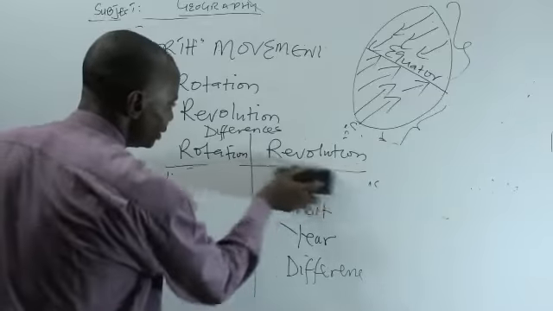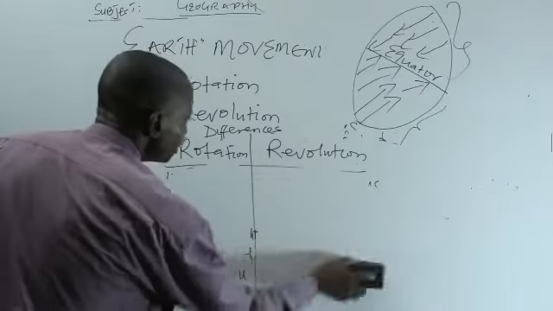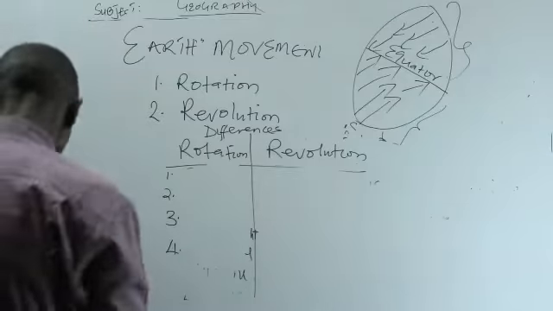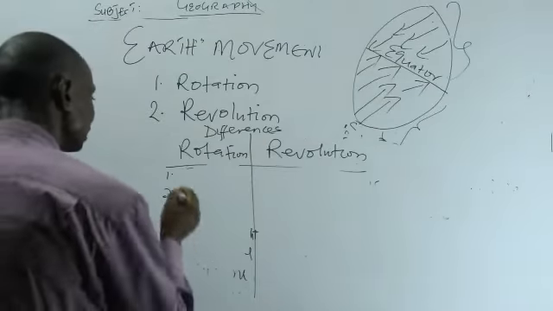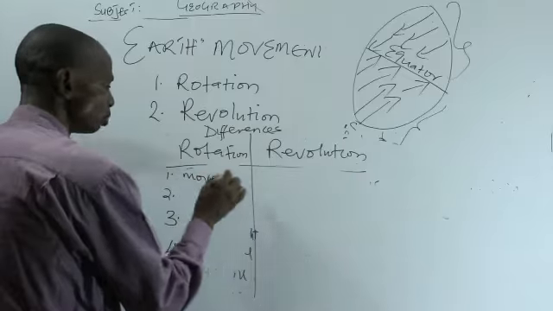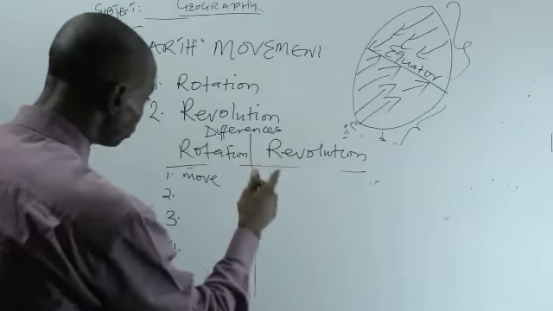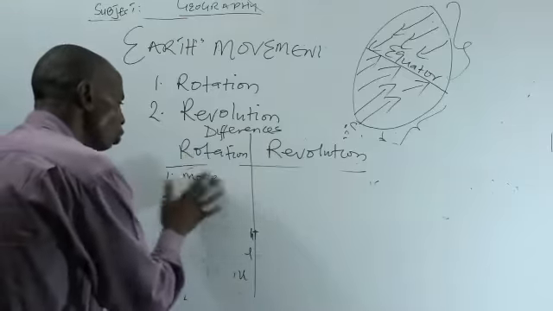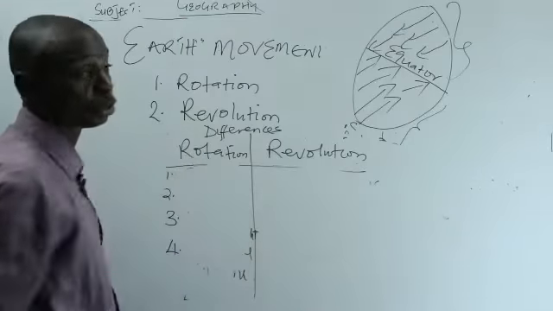What are the similarities between revolution and rotation, or rotation and revolution, as the case may be? Number one, both of them move around the sun. The revolution is movement around the sun. The rotation is also a movement around the sun.